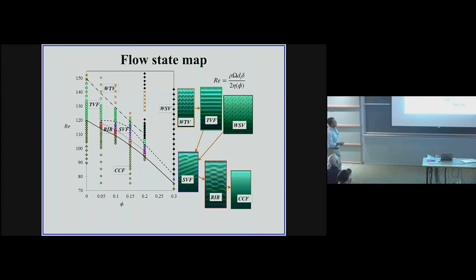So the flow state map here, if we're just having the pure fluid, this would be the states that we would see here, and then it becomes quite rich as we move away from the zero volume fraction case. And depending on where we are, we can go wavy Taylor to Taylor vortex and down to the spiral vortex, or we can go from wavy spiral to the spiral vortex, and you can actually go through a ribbon state.